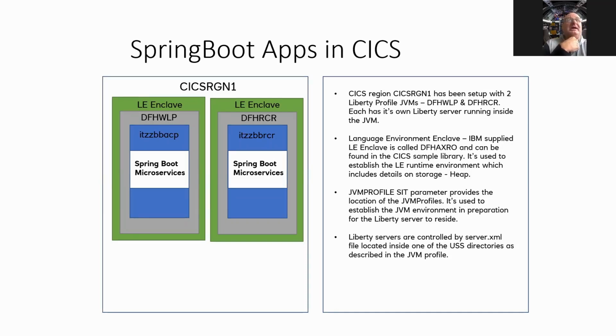The JVMs not so much, but there are SIT profiles and SIT parms that you're familiar with in CICS that you can change to configure these, and that's just how it hangs together. So Spring Boot is running within these JVMs, within LE, within a CICS region, and that's how we're managing it with Liberty and everything else.